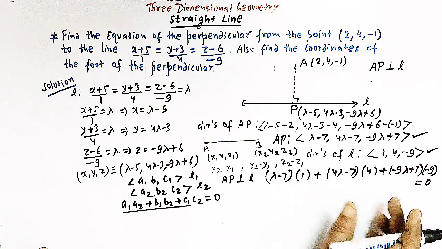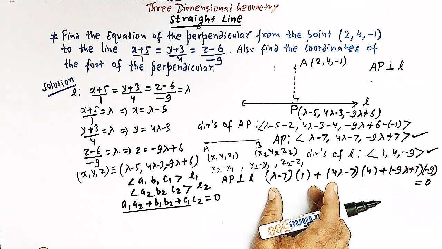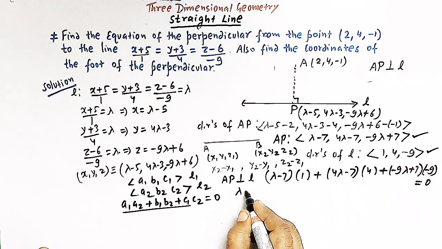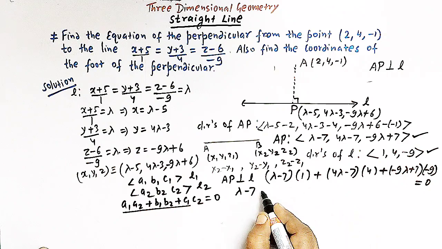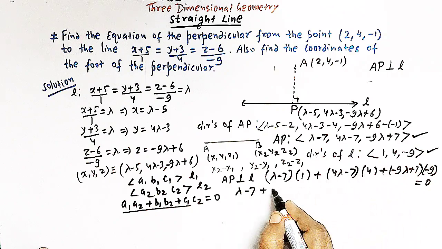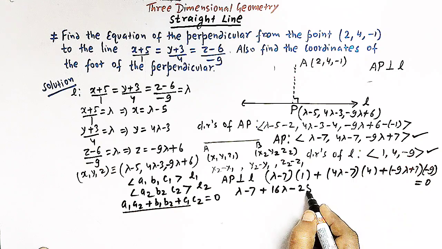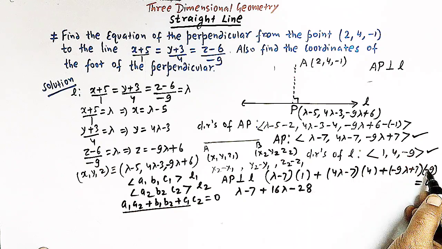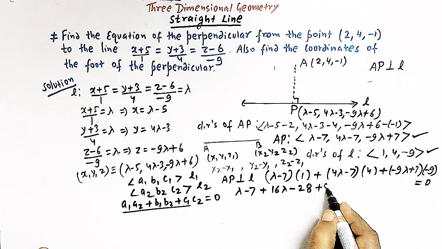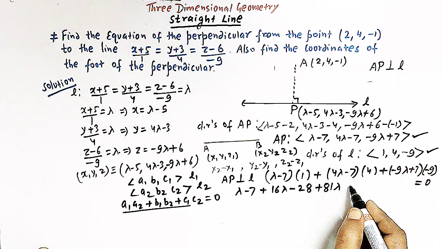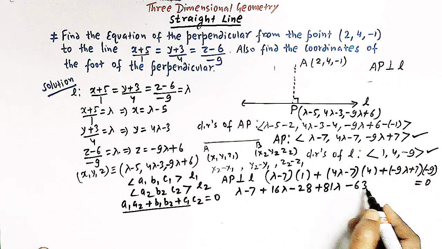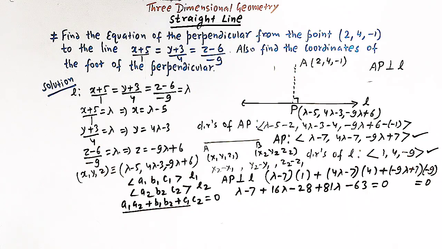So let us solve this equation in lambda. So we have lambda minus 7, then we have 4 times 4 is 16 lambda, minus 4 times 7 is 28, and here we have minus minus plus 9 times 9 is 81, so we have 81 lambda minus 63 is equal to 0.